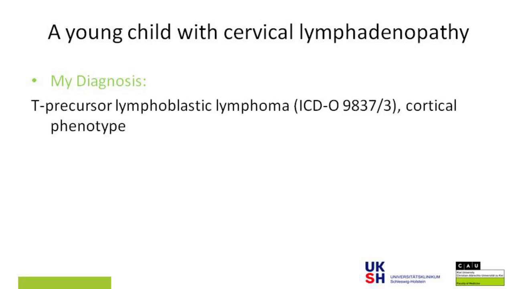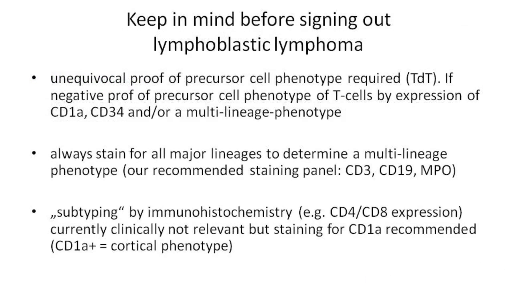What to consider before signing out such a diagnosis is always that you need an unequivocal proof of the precursor cell phenotype, which is usually by immunohistochemistry the expression of TDT. If TDT is negative, but you see something that you consider a T cell lymphoma, it's very difficult to prove that these are precursor cells.